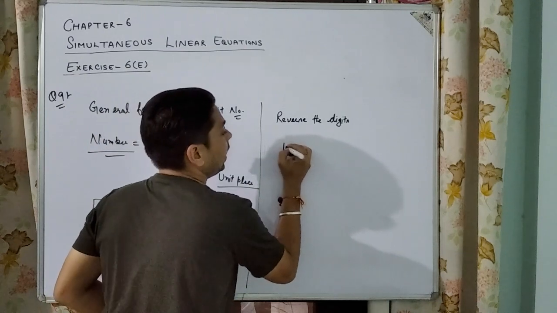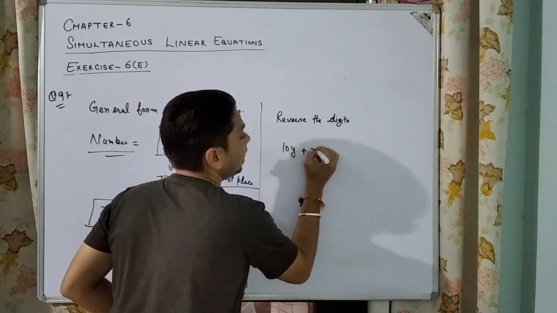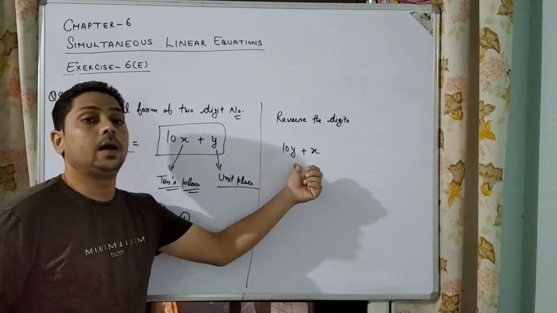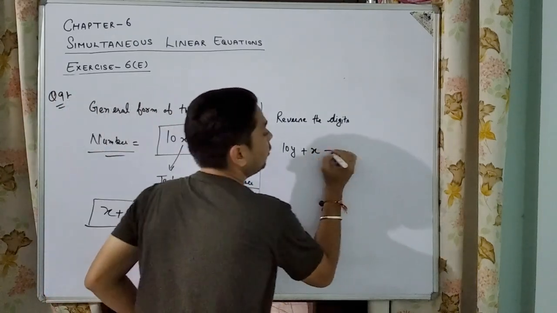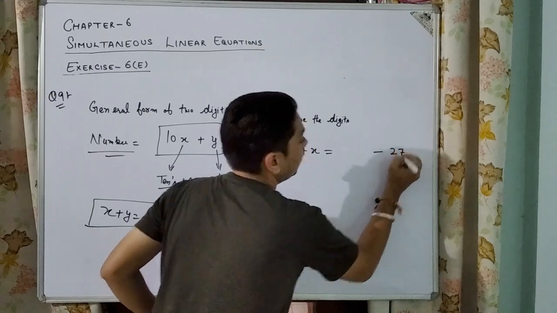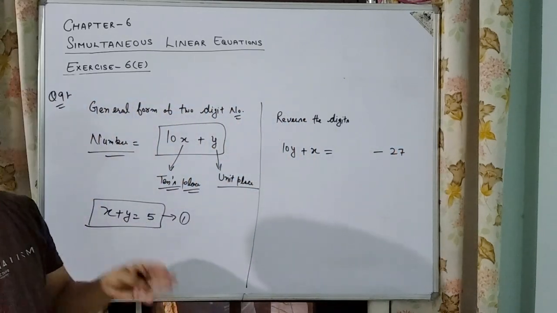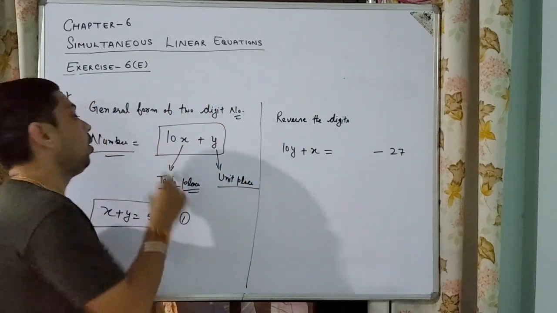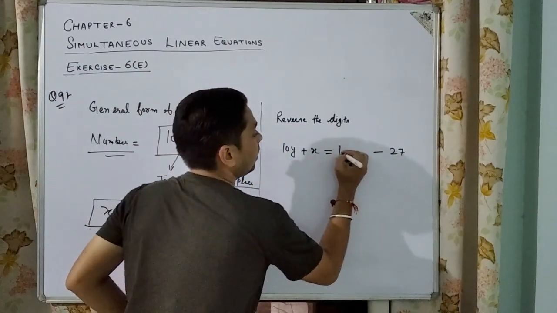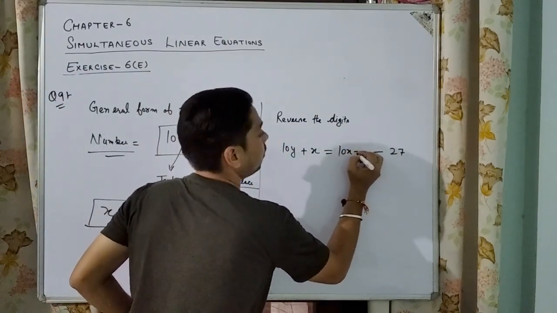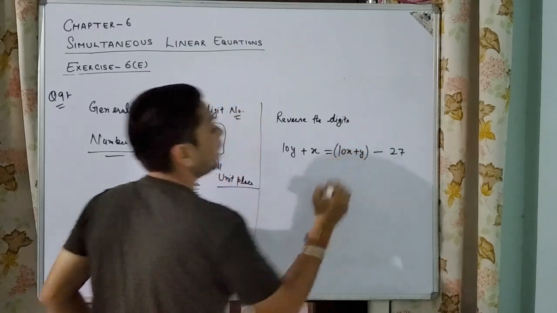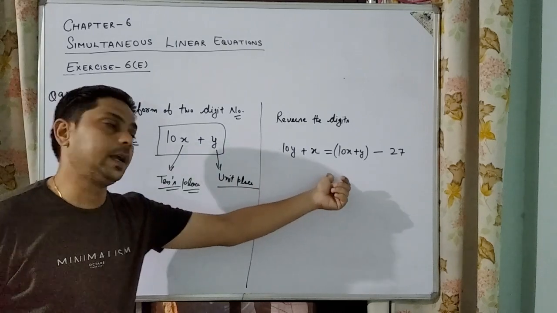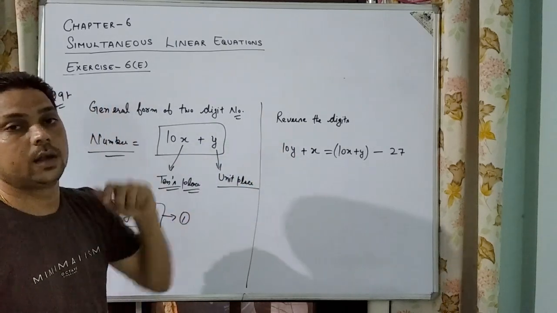It will give you 10y plus x here. When you form this number, it will be reduced by 27. Reduced by means minus 27 from the original number, that is 10x plus y here. This is the second equation from your given condition.